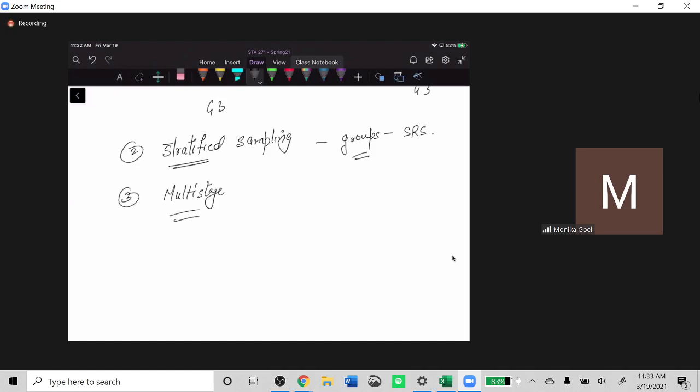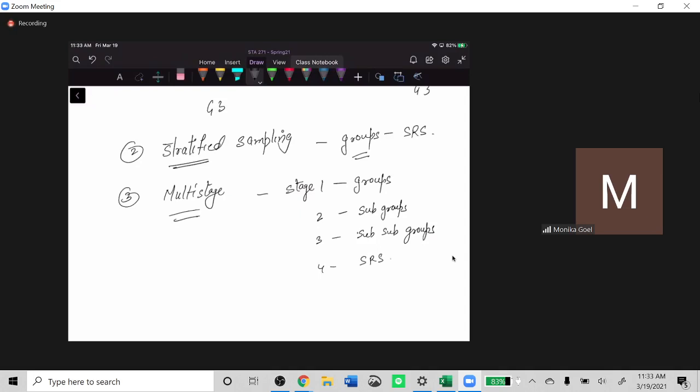The next one we talk about is multi-stage. As the name says, multi-stage, you are talking about various stages before doing the simple random sampling. So in stage 1, you make groups, choose the probability sample of the groups, then choose the probability sample of the subgroups, and then you can keep on doing subgroups, and then you can do the simple random sampling from there.